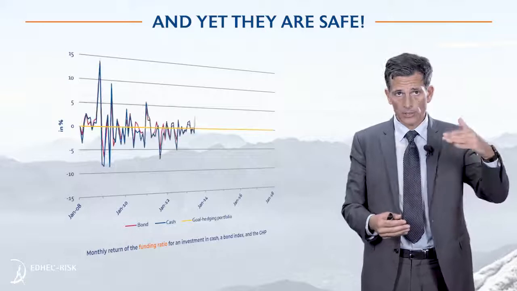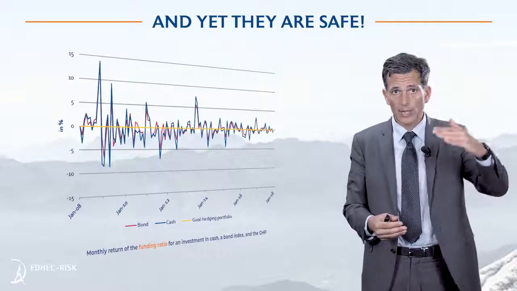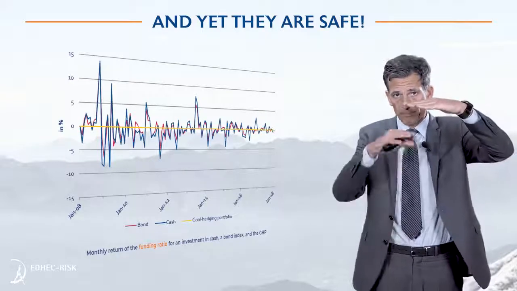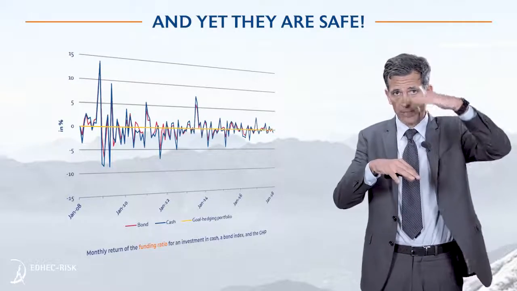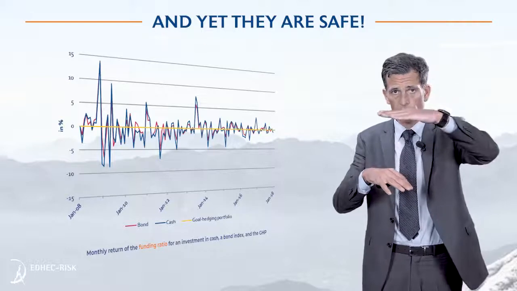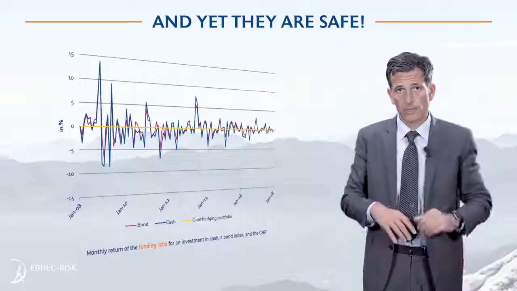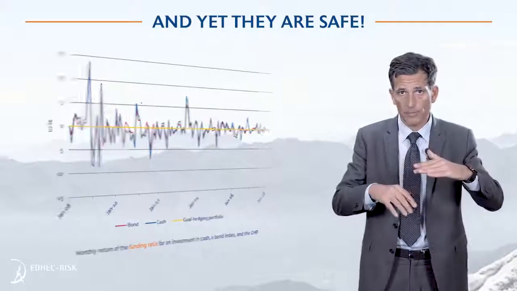Conversely, the short-term bond and even more so cash appear to be very risky simply because they don't move much, but the liabilities, if you look at the funding ratio, numerator doesn't move much, but the denominator of the funding ratio moves all over the place.